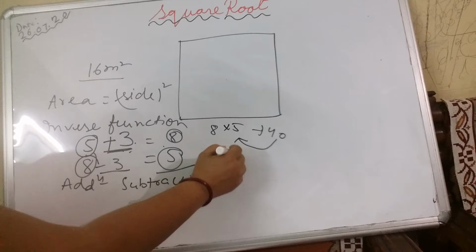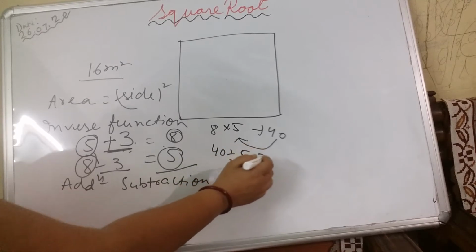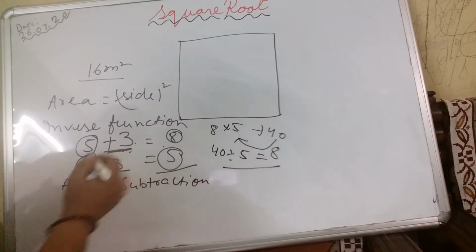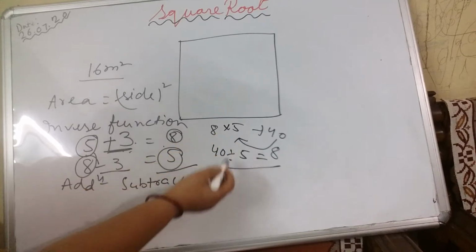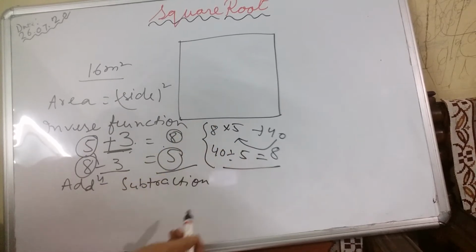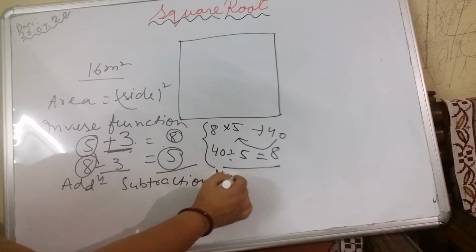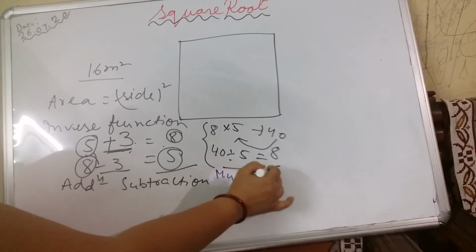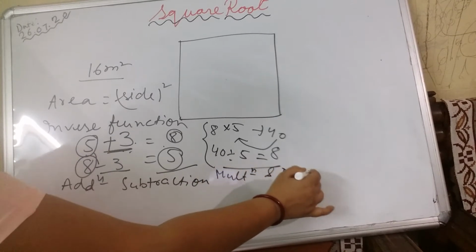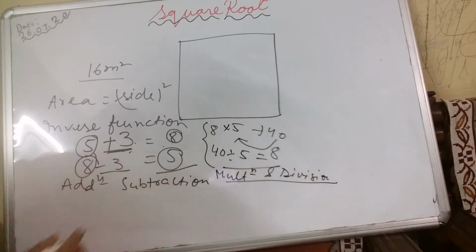You will divide 40 by 5 and you will get 8. So in case of these two, we can say multiplication and division are the inverse operation, okay?